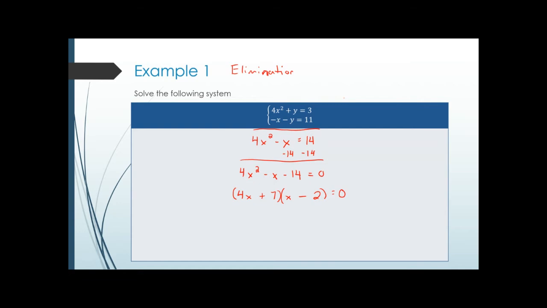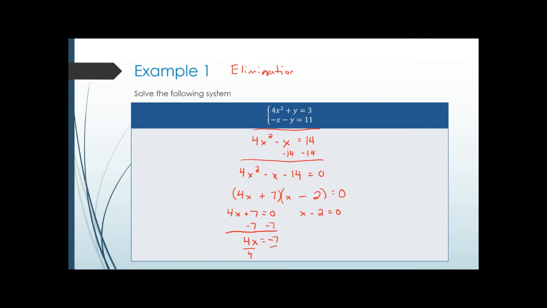And now we need to solve for x. So I need to set each of these factors equal to 0 to solve for x. So I have 4x plus 7 equal to 0, and x minus 2 equal to 0. And so now I'm going to solve both of those for x. I'm going to subtract 7 from both sides for the first one, which gives me 4x equals negative 7.